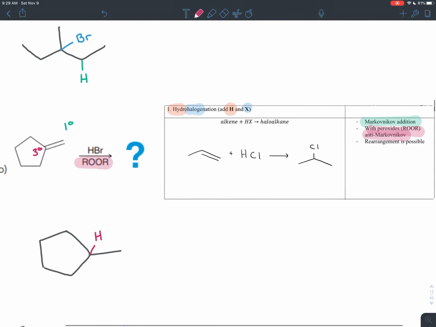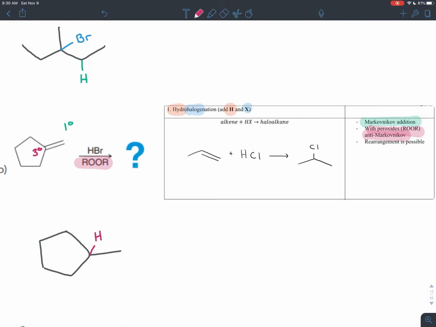Now, when you use peroxides and do the anti-Markovnikov addition, the mechanism is actually completely different from when you don't use peroxides. So in this case, you don't form a carbocation, so you don't have to think about rearrangement if you're doing this anti-Markovnikov addition. And you don't have to know the mechanism for how you do this hydrohalogenation in the presence of peroxides for this chapter.